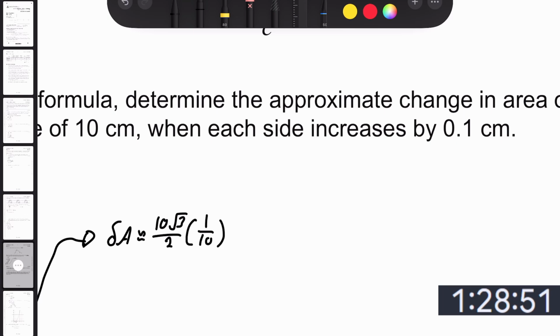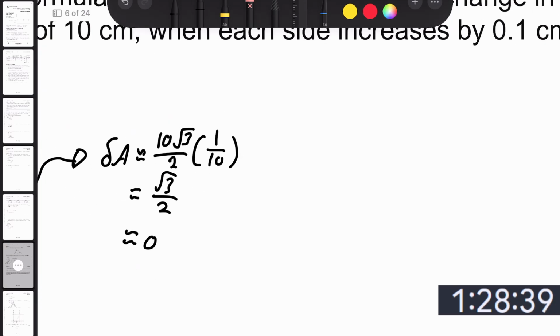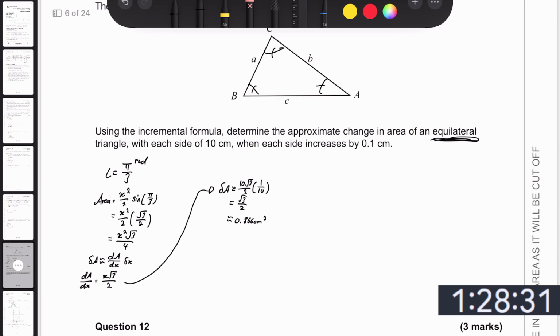Okay, so then these 10s cancel, it's just going to be approximately equal to square root of 3 on 2, which is approximately 0.866 centimeters squared. Okay. Let me just check this on the calculator. Just check these values. 10 root 3 on 2 times 0.1.